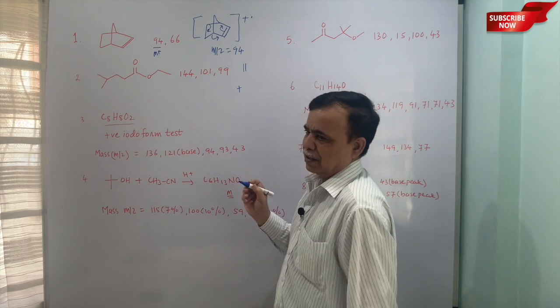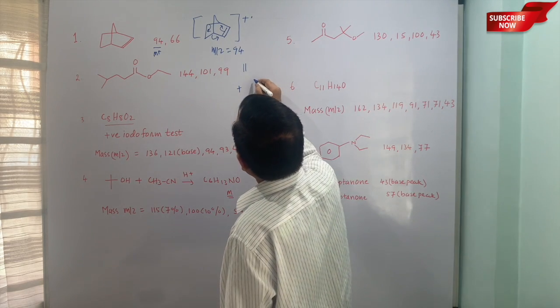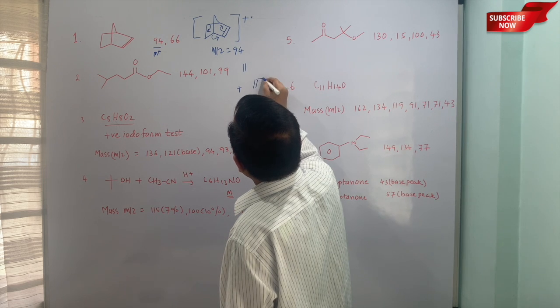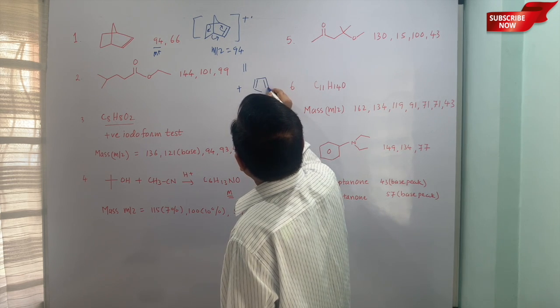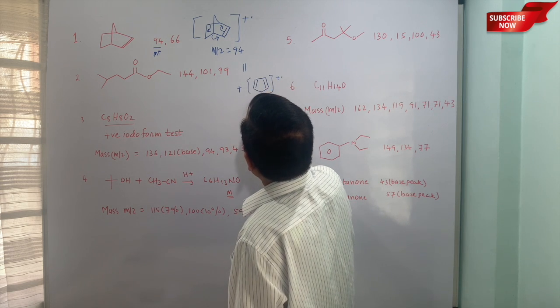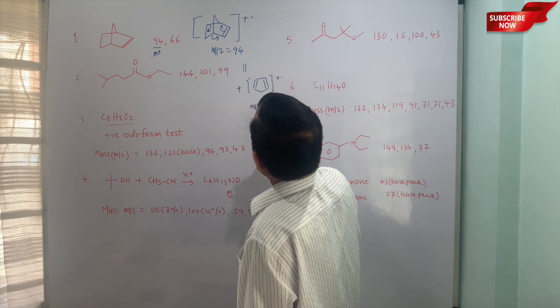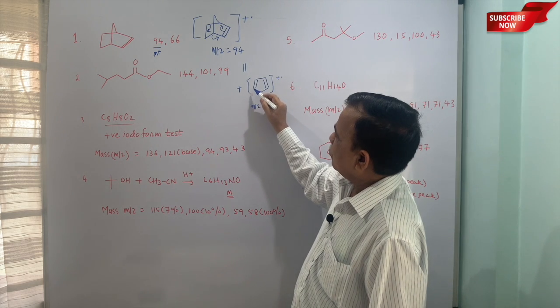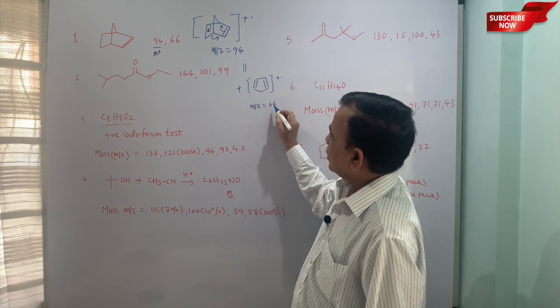Ethylene is lost, and you are going to get this. I will maintain the radical cation on the top of this. M by Z is equal to 66. 12 5s are 60, 62, 63, 64, 65, 66.